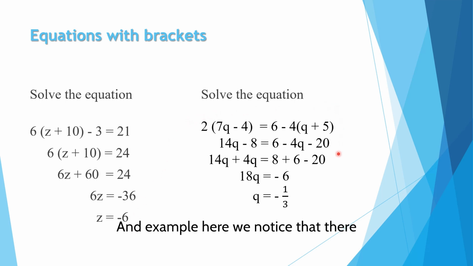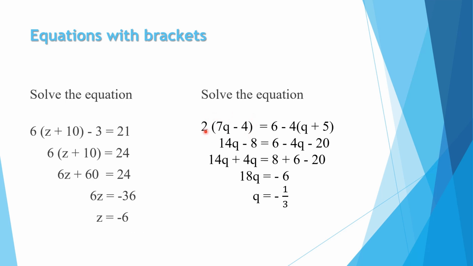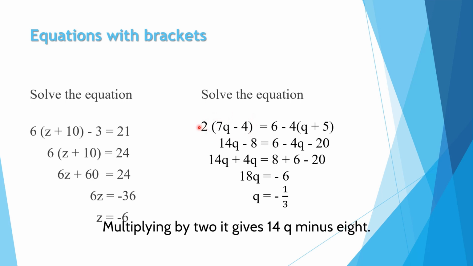And in the example here, we notice that there is more than one term with q. So first of all, we would aim at grouping all the like terms together. So we need to expand this bracket. Multiplying by 2, it gives 14q minus 8.